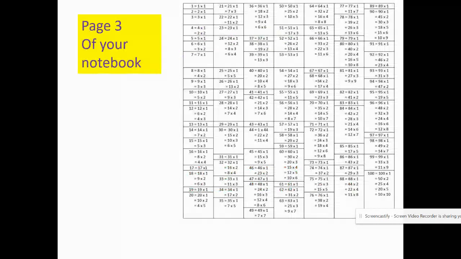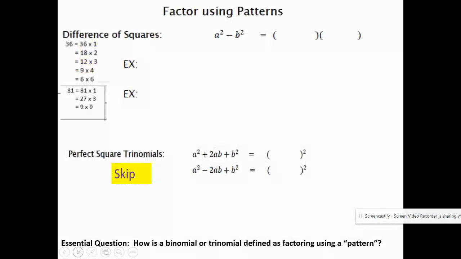Please remember to use page 3 of your white note-taking guide in your notebook. We're going to skip the perfect square trinomials, so we're only going to work in the top part.